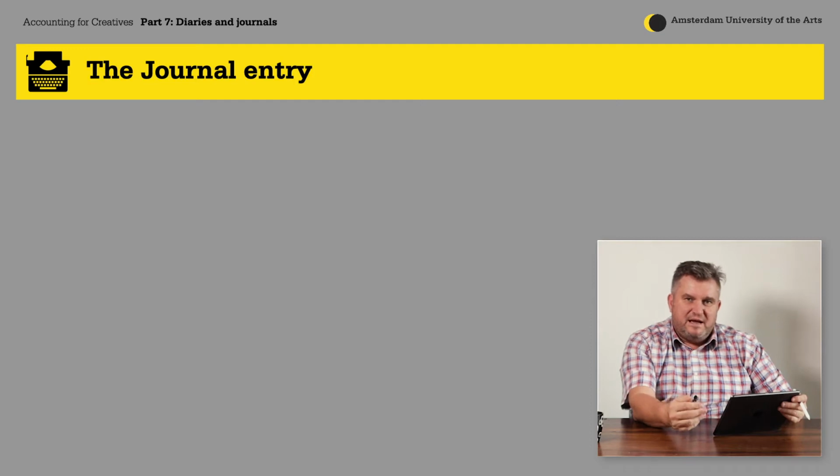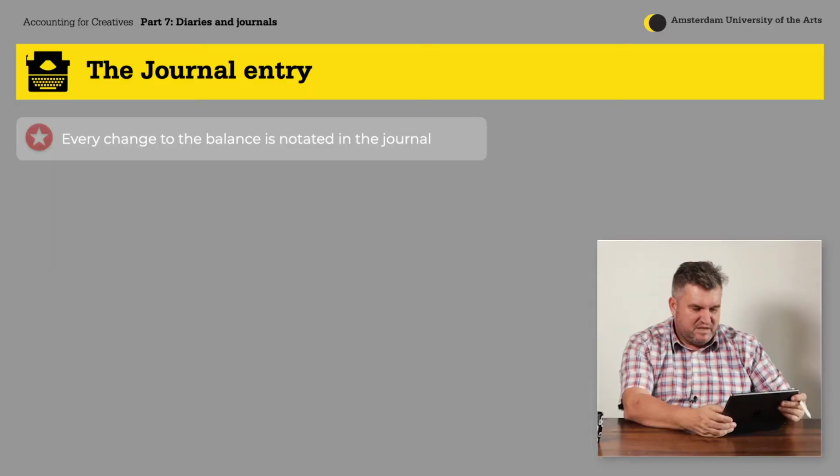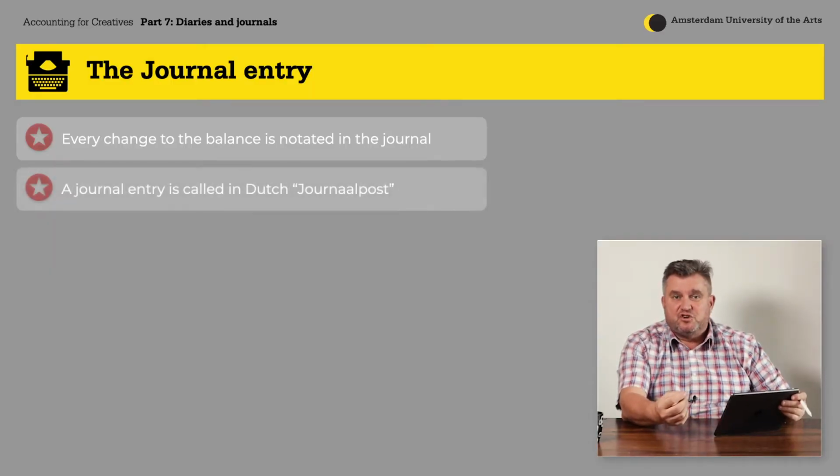So every time something happens, like an invoice or a payment or a purchase, an entry is made in this journal. At the end of the period, all these entries are added to the balance sheet at once. In Dutch, we call this journal entry a journaalpost, and it's the heart of the booking that you make when something happens in your company.